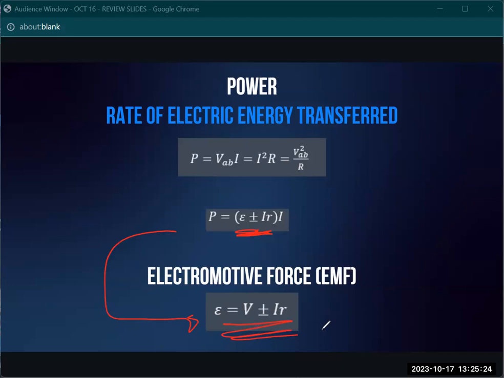Ang electromotive force is yung energy na na-transfer sa circuit per charge. Tapos, kaya plus or minus to kasi it depends kung nag-enter or nagli-leave yung current.